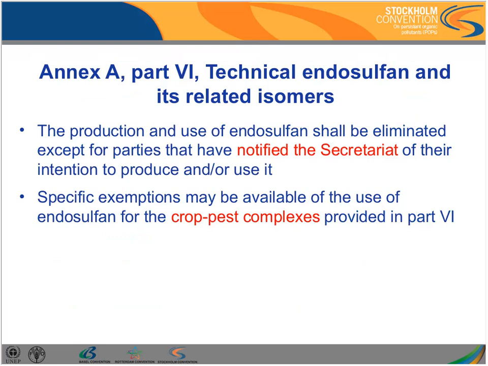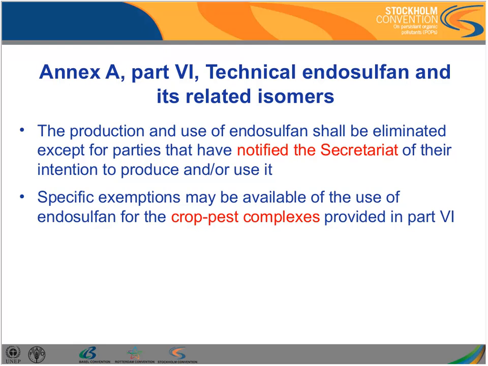There are additional parts in Annex A that are not yet published in the convention text as publications, but were adopted by the Conference of the Parties, and those are parts 6, 7, and 8. The first one, part 6, is on technical endosulfan and its related isomers.